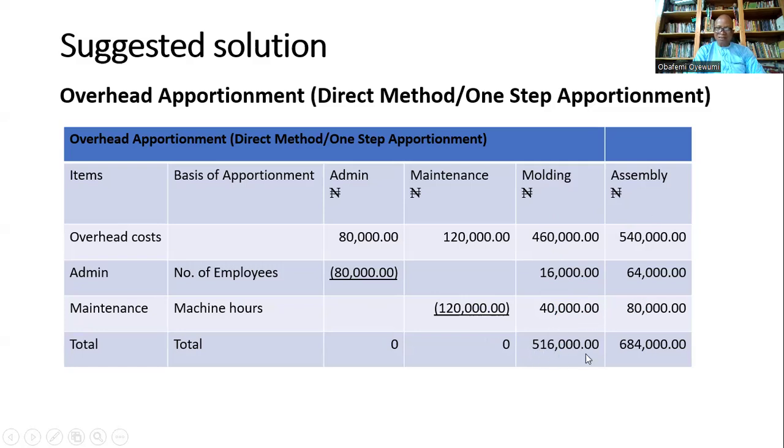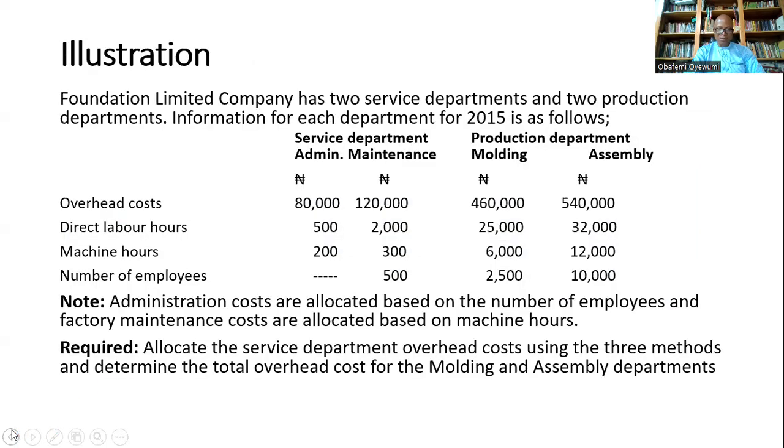So at the end of the day you have 516,000 for molding, and 684 as the total overhead that these production cost centers have incurred and been apportioned. For machine hours, we have 6,000 over 18,000. When you add these two together, that's how you get those figures.